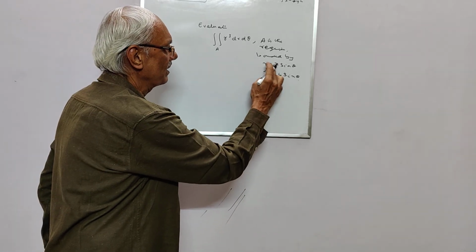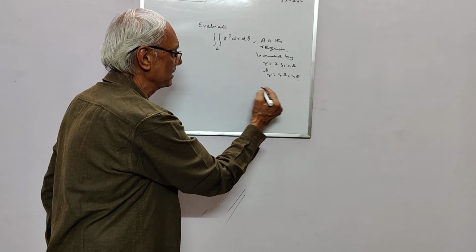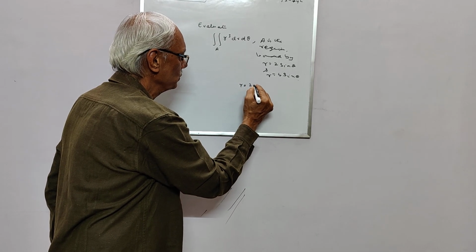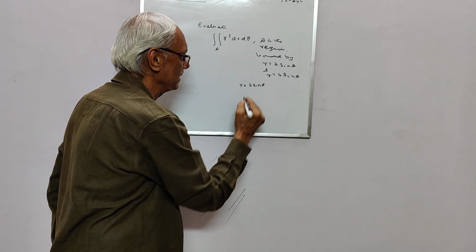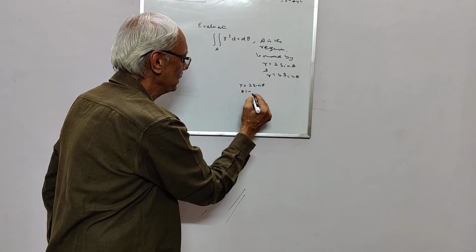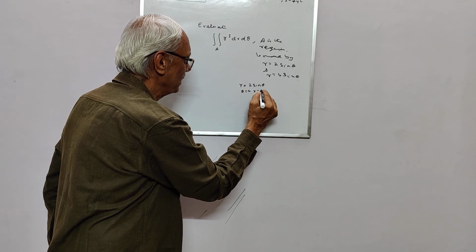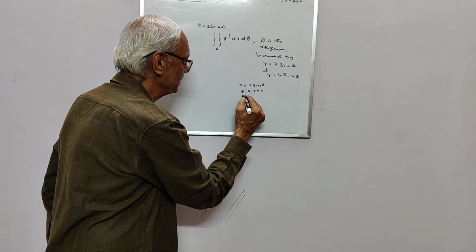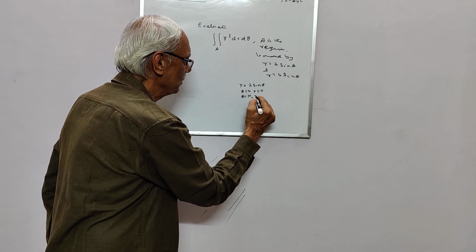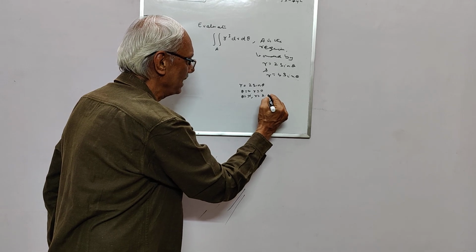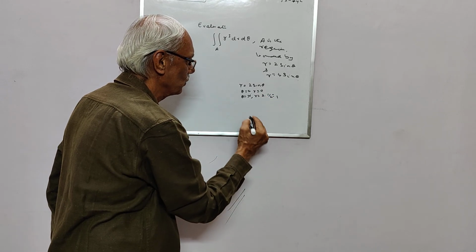I will write how I am going to find this. So you see that r is equal to 2 sine theta. Now you put theta is equal to 0. You will get r is equal to 0 because sine 0 is 0. Then theta is equal to 30 degrees, you get r is equal to 2 into sine 30, which is half, that is equal to 1.